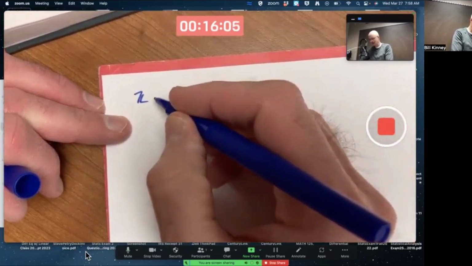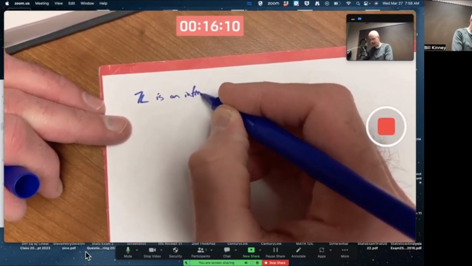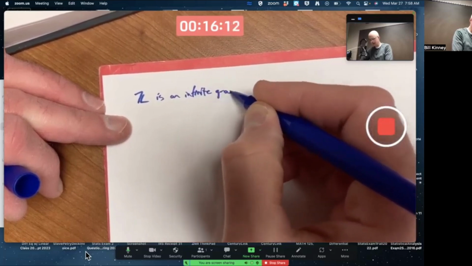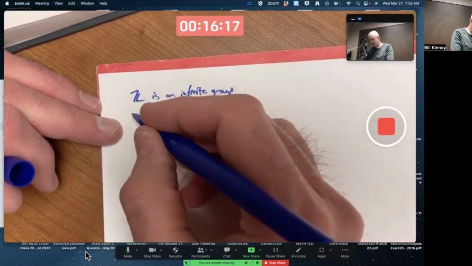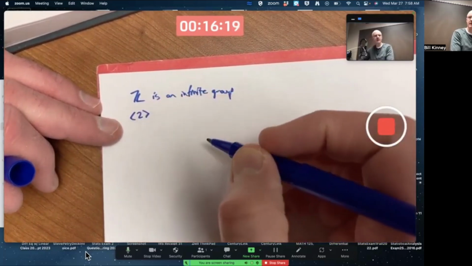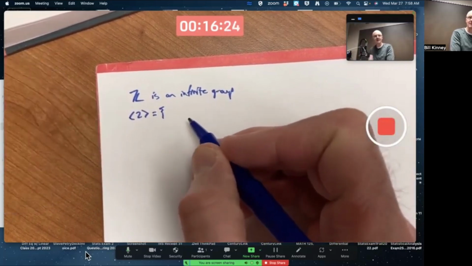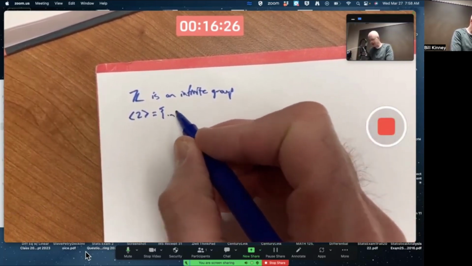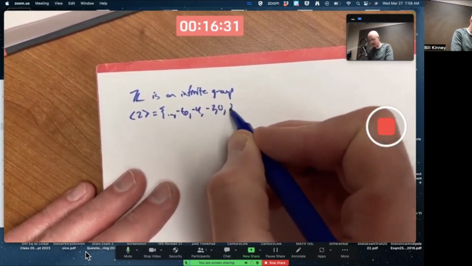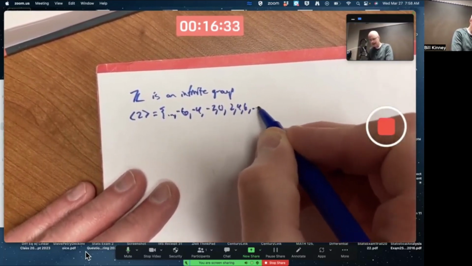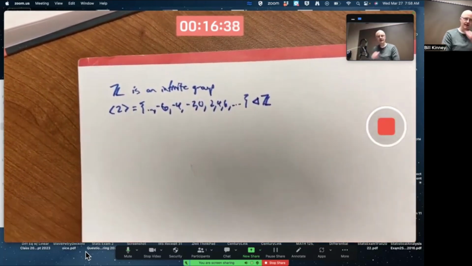Z is, of course, an infinite group. And here's a subgroup, the cyclic subgroup generated by 2 in Z. That consists of all multiples of 2, right? That's also an infinite group under addition. It's a subgroup of Z. In fact, you could say it's a normal subgroup of Z because Z is abelian.